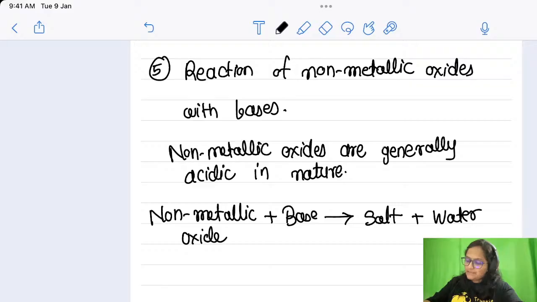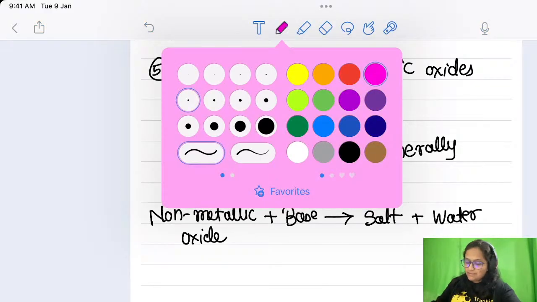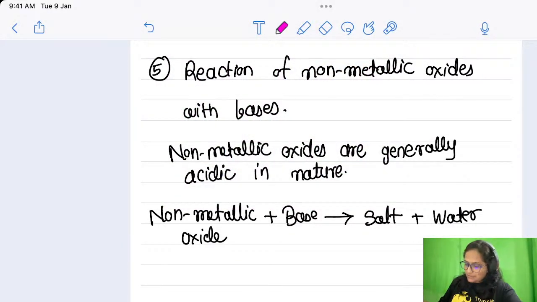Okay, so certain examples we are going to see here. So the first example of a non-metallic oxide is CO2. Carbon is a non-metal, therefore CO2 is a non-metallic oxide.